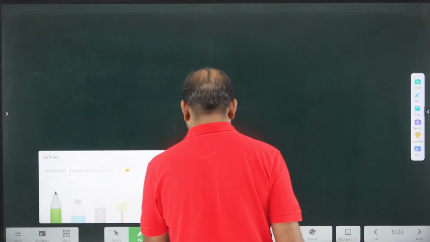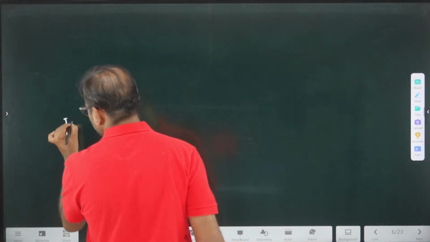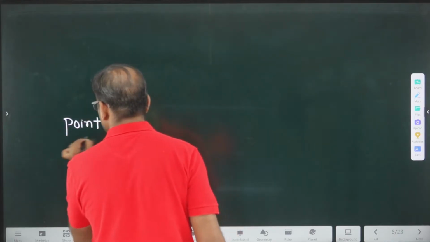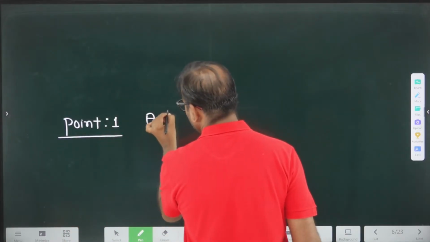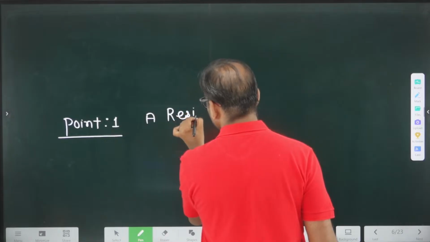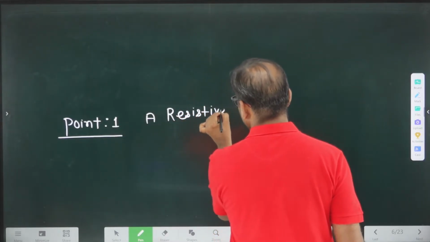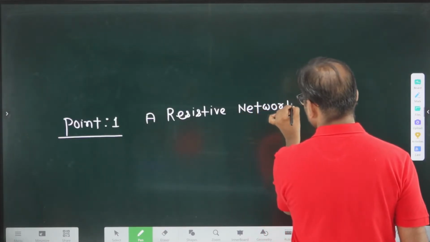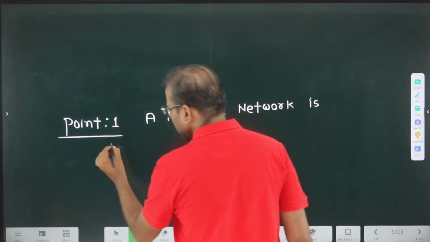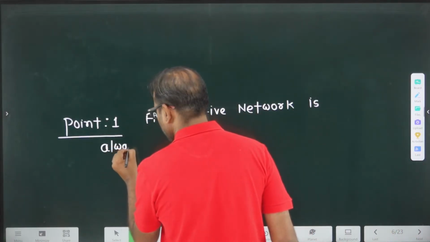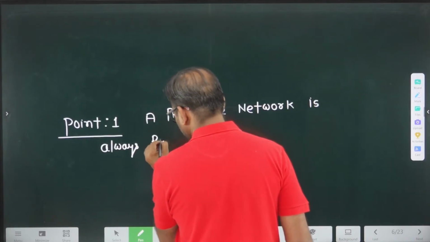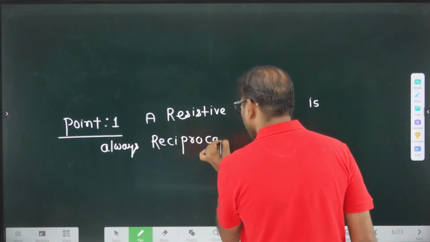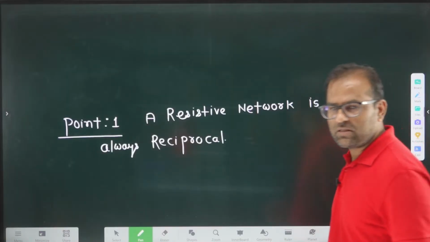So can I say, point number 1, a resistive network is always reciprocal, while we have to test in case of dependent sources.